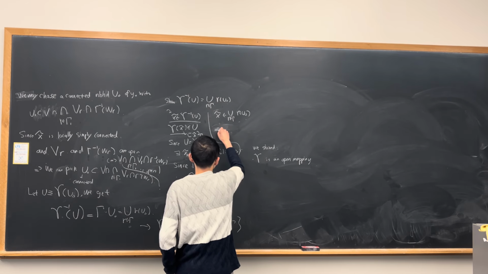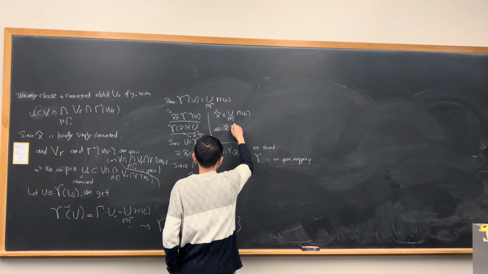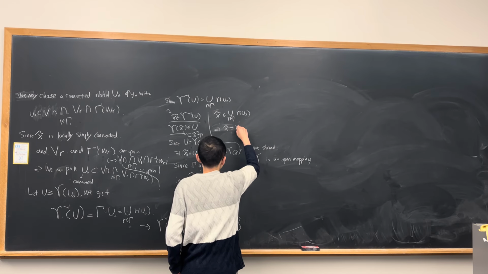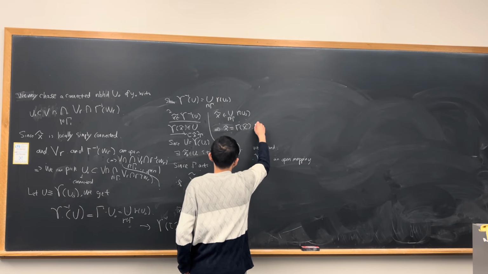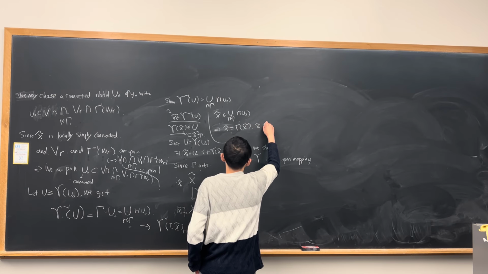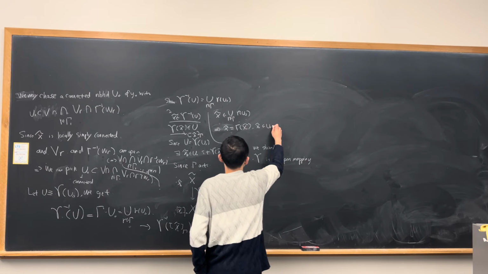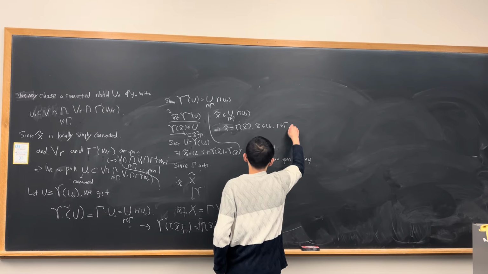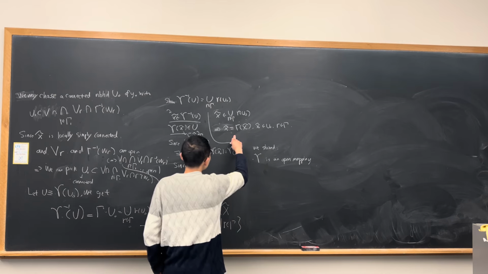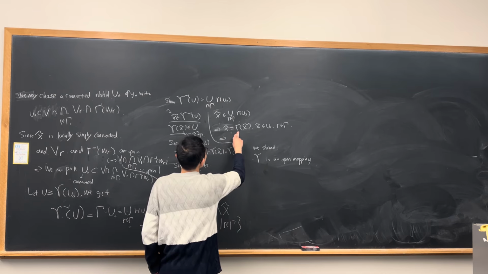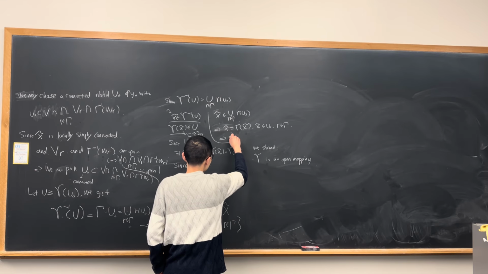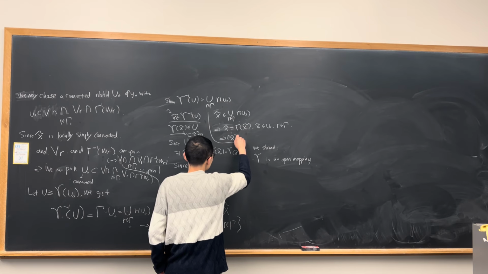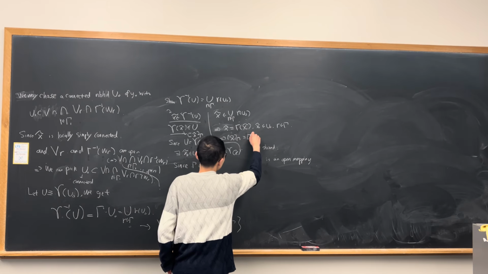So this implies that this x tilde is equal to some small r of, let's say, x naught tilde, where x naught tilde is in this u0, small r is in this gamma, right? And then this implies what? This implies that this is equal to this.